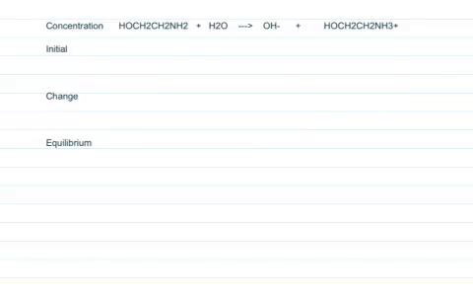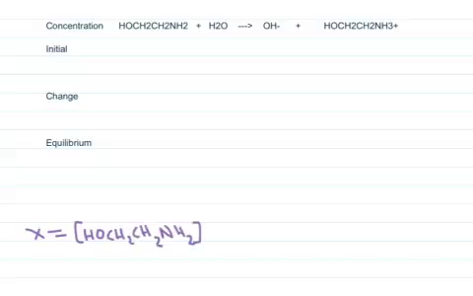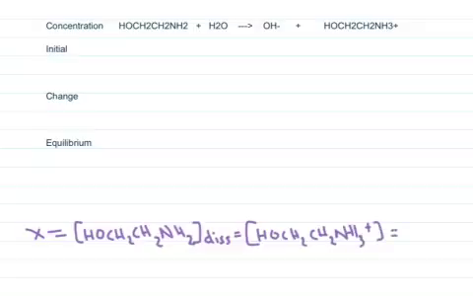Alright, so the first thing we're going to know is that X is going to equal our base dissociation, which is going to equal our acid, which is going to equal our hydroxide from our base.